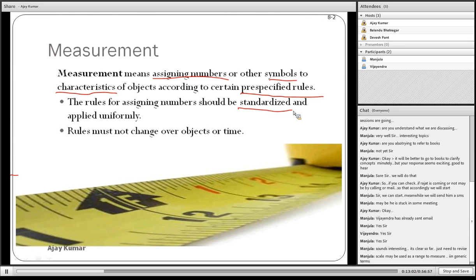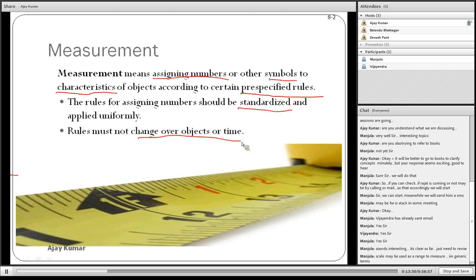So if we are measuring weight in kilograms, let us measure it in kilograms only. This is the second point mentioned on the slides: the rule should not change over objects or over time. We should not be changing rules too frequently, because ultimately it is going to have a lot of impact. When the world is becoming a global village, we need to have data from every quarter of the globe and then compare them.